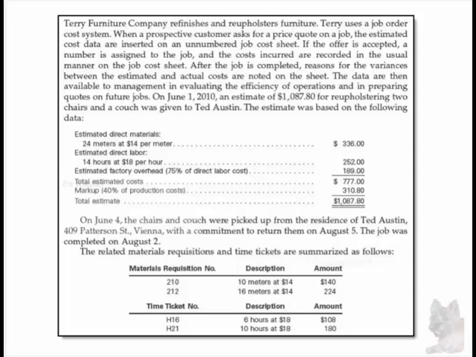They assume that the factory overhead is 75% of their direct labor costs, so if we multiply the estimated direct labor by 75%, we're able to compute the $189 estimate of factory overhead. So the total estimated costs are $777, and they've built into their quoting system a markup on estimated cost of 40% of production cost.